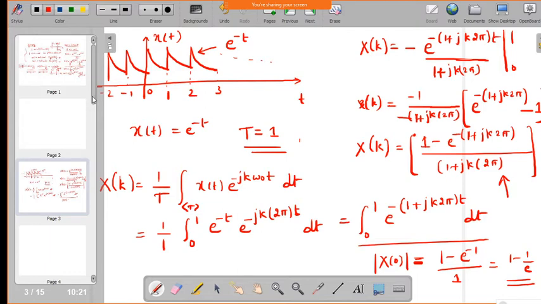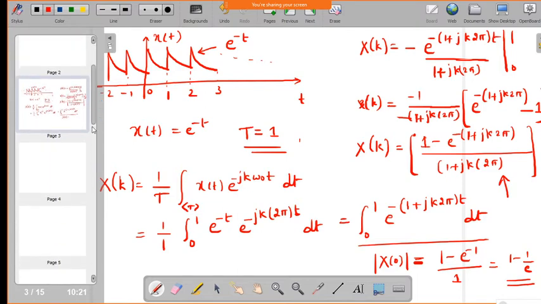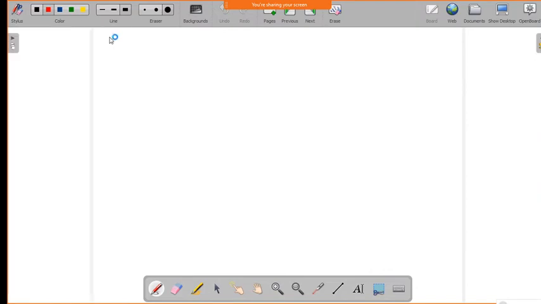So now take the next problem and try to do this one. So x of t is given, which is the signal given like this.